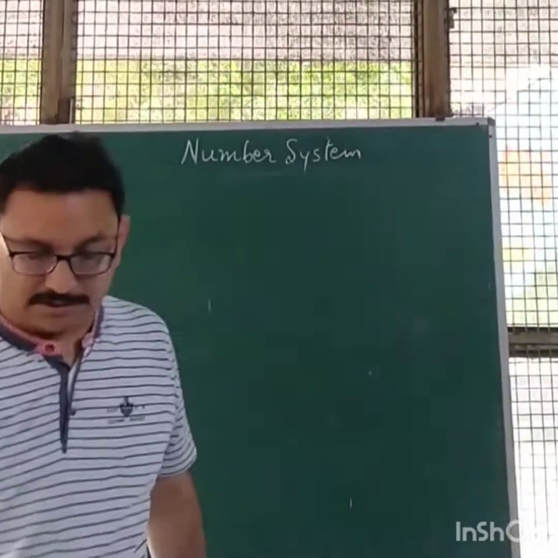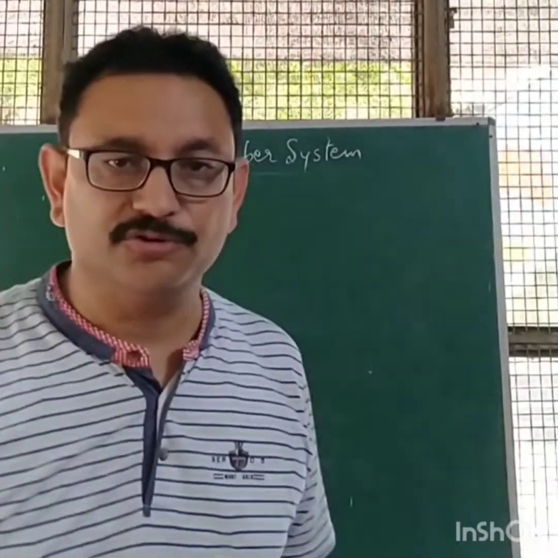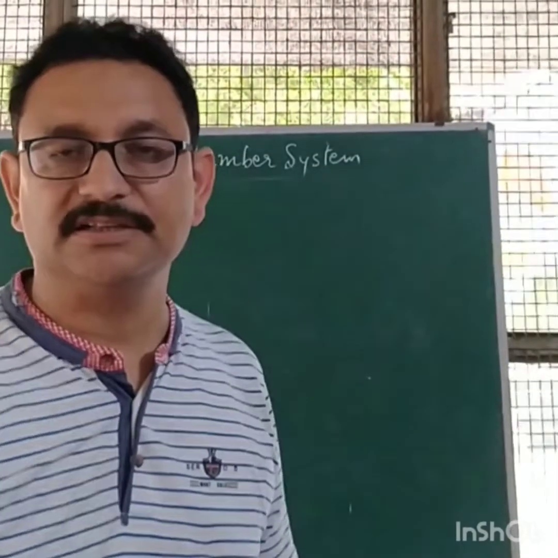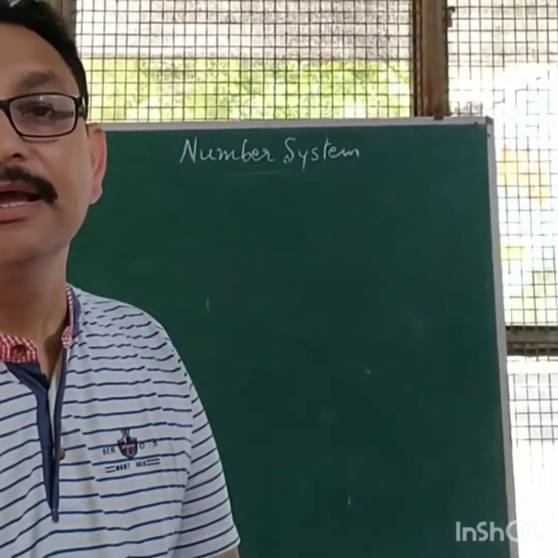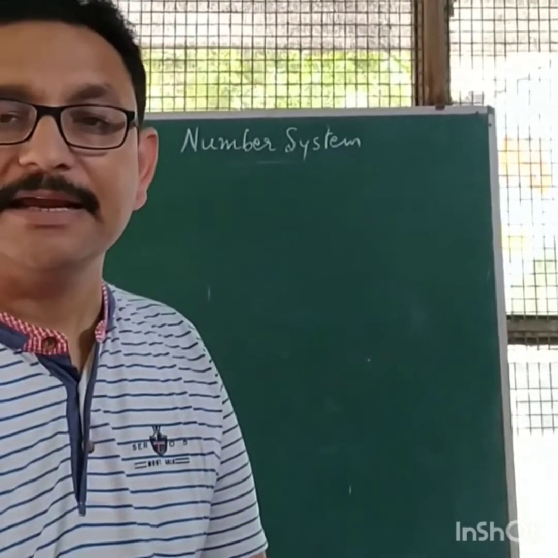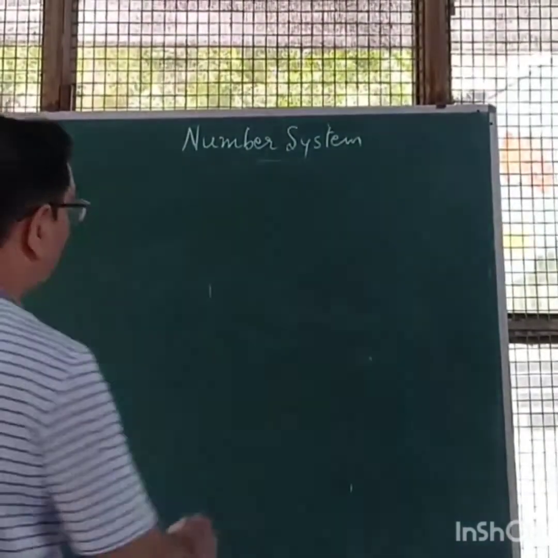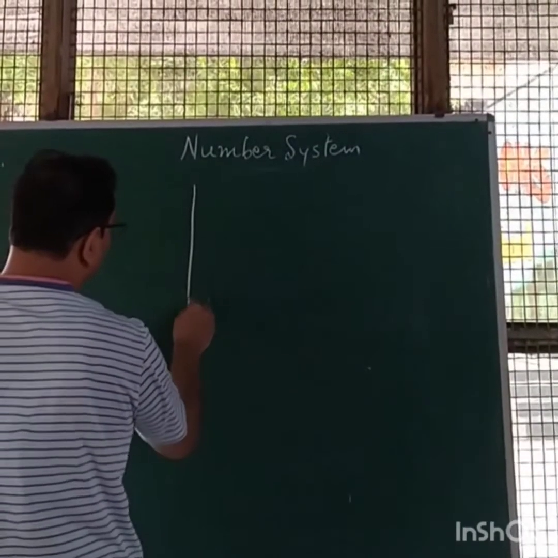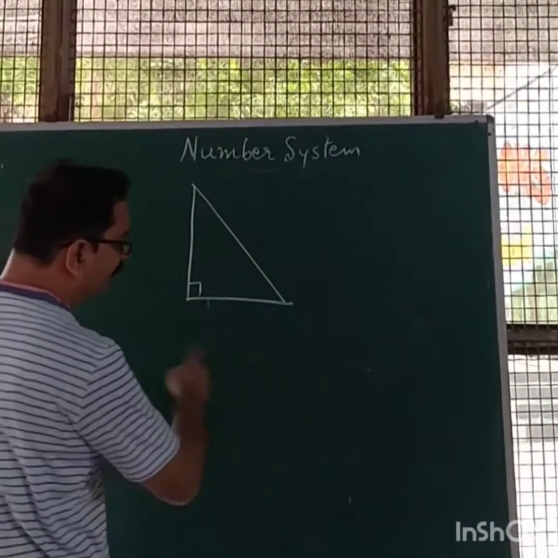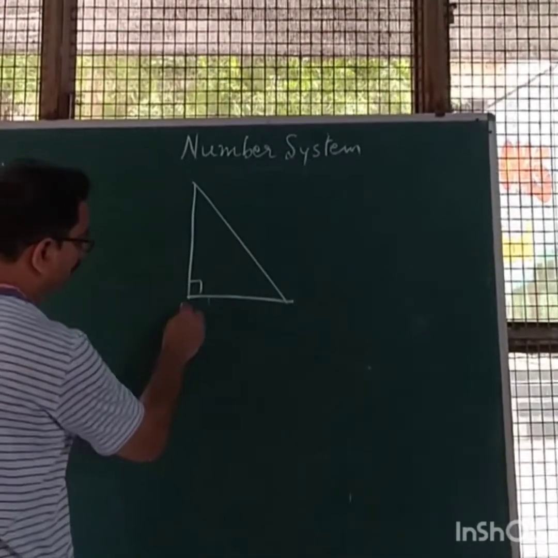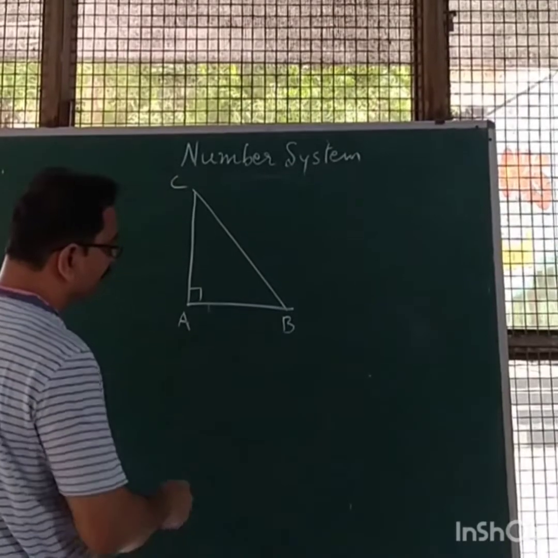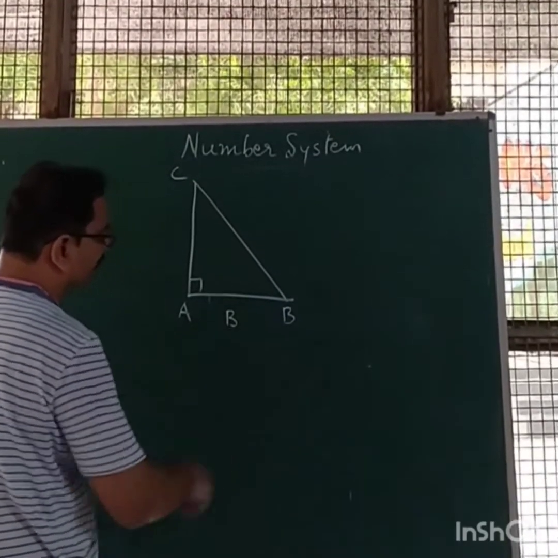Now here Pythagoras theorem is used. Now what is Pythagoras theorem? First let us describe Pythagoras theorem. In a right angled triangle ABC, the line which is parallel to the floor is called the base.